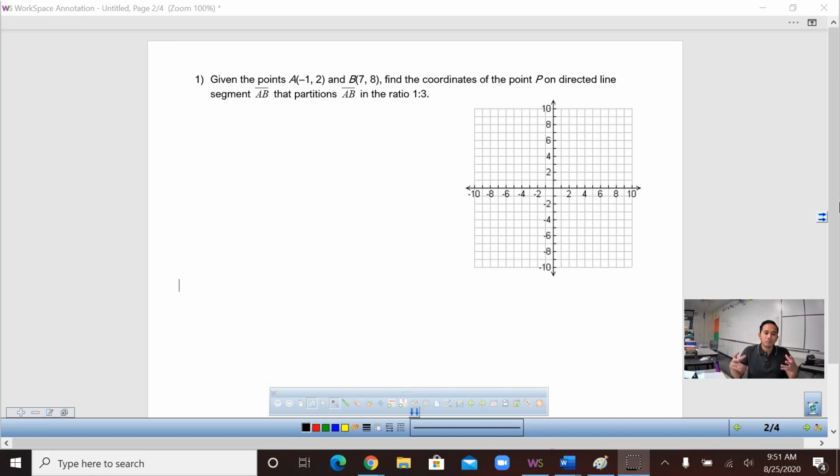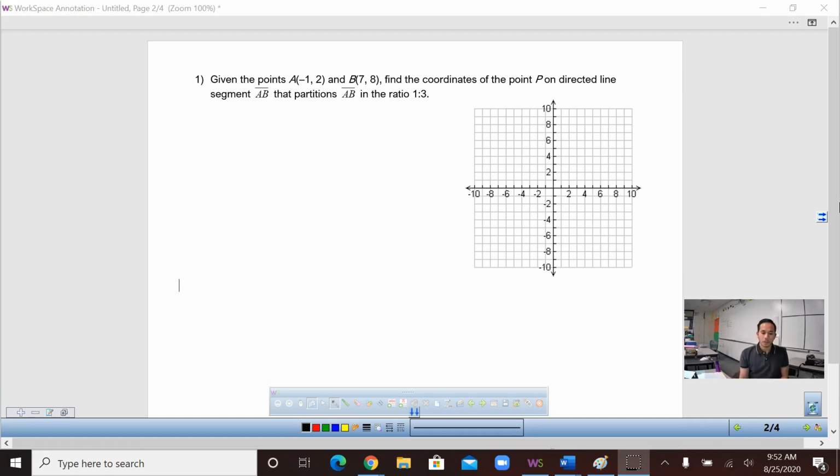When we do partitioning, we have to go back to the ratio that is being used in the problem. Now, for you to understand this further, I have three examples here that you can watch and use as a review for partitioning a line segment. So let's start with the first one.